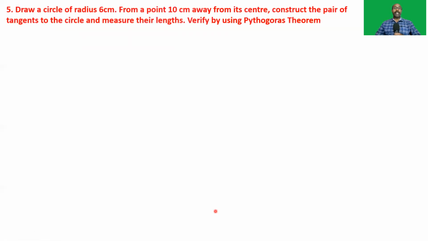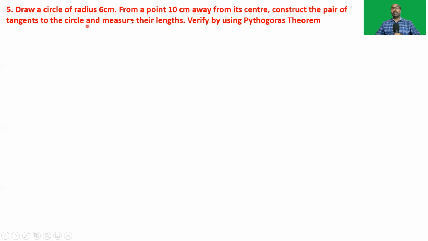Draw a circle of radius 6 centimeters. From a point 10 centimeters away from its center, construct the pair of tangents to the circle and measure their lengths. Verify by using Pythagoras theorem. So first we have to draw the circle of radius 6 centimeters, and we have to locate a point 10 centimeters away from the center.